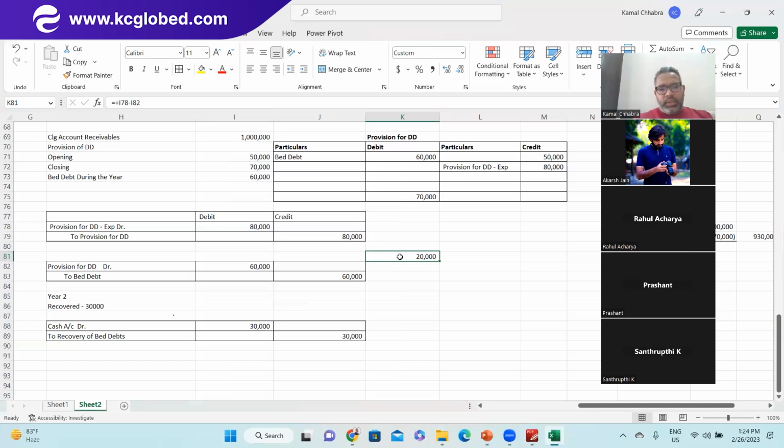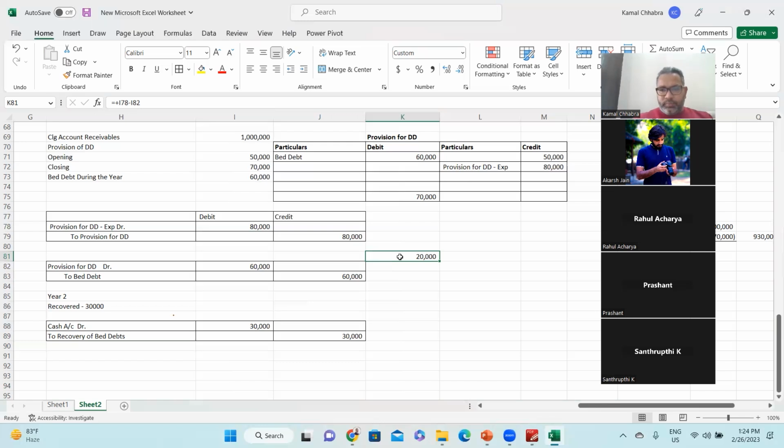No. If you see in this example, you have created a provision of 80,000. Out of that, 60,000 is actual bad debts, so you have reduced the provision. Now, out of this 80,000, your provision balance remains 20,000. And from this 60,000, which you have booked as permanent loss, you have recovered 30,000.